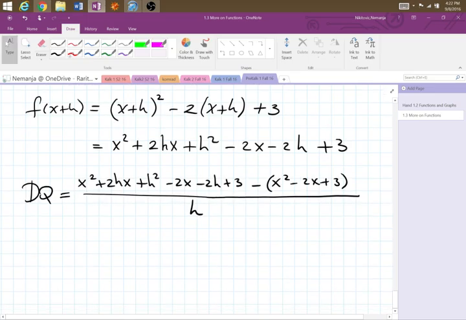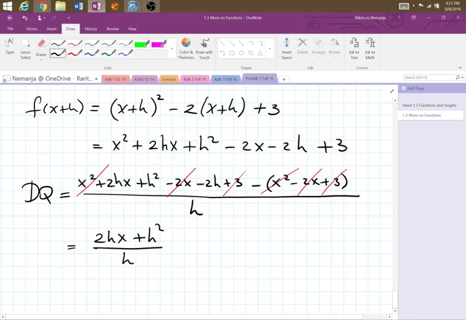This is where you get rid of the parentheses, so you're going to have negative x squared and positive x squared. They're gone. Negative 2x and positive 2x, and then positive 3 and negative 3. Remember that that minus in front of parentheses changes all the signs inside. So they all cancel. And you are left with 2hx plus h squared over h.